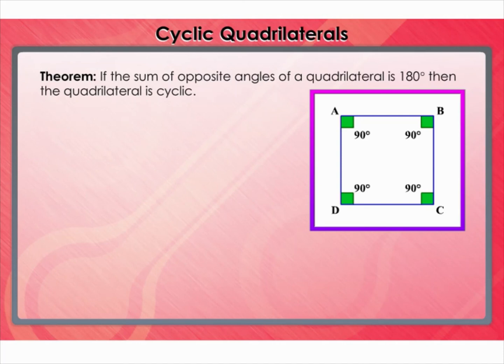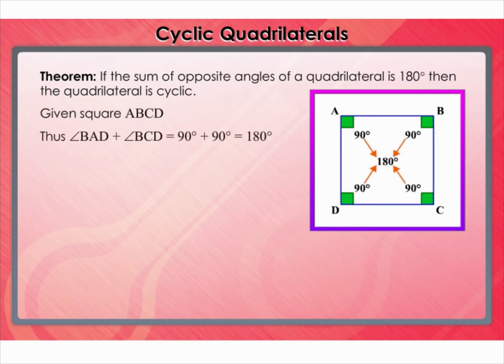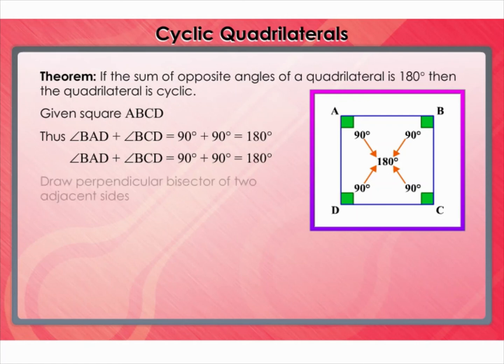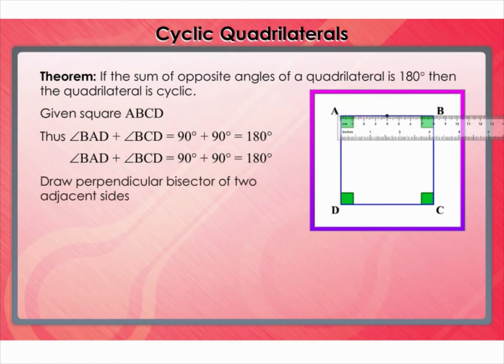Here is a simple quadrilateral, a square ABCD. We know that all angles of a square are equal to 90 degrees. This means the sum of its opposite angles is equal to 180 degrees. Let's see if we can draw a circle that contains all its vertices.